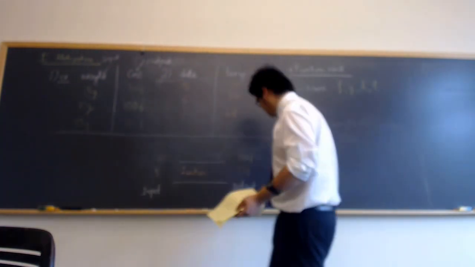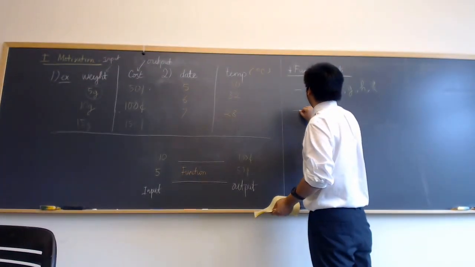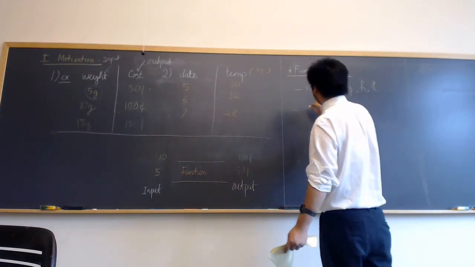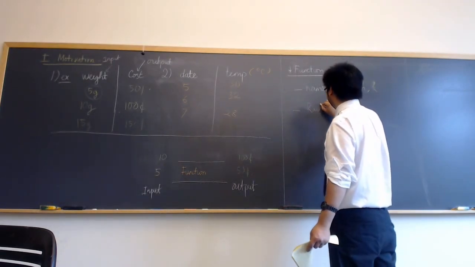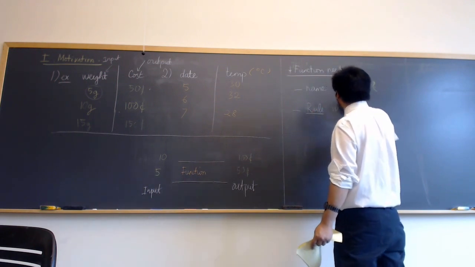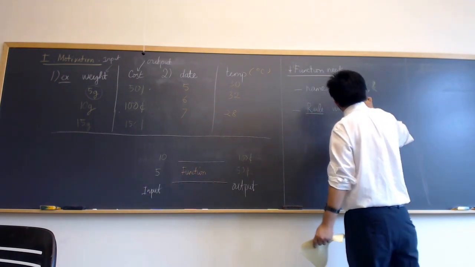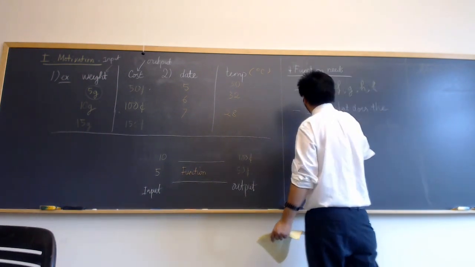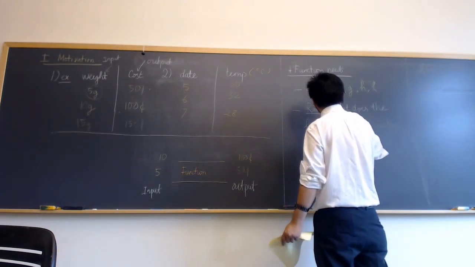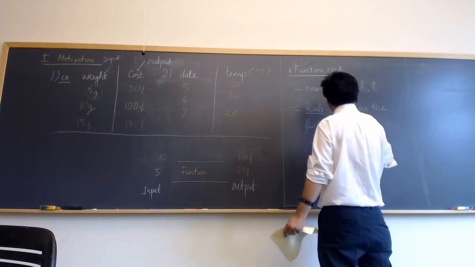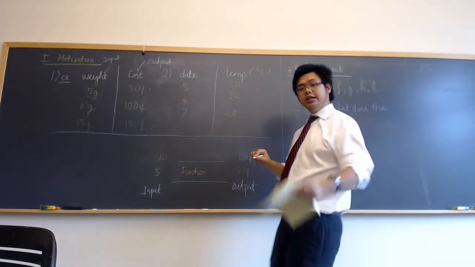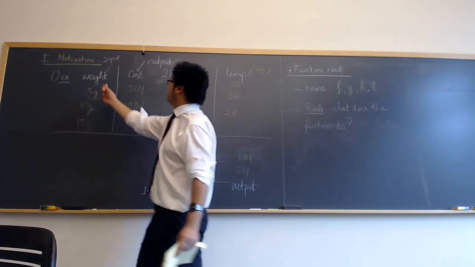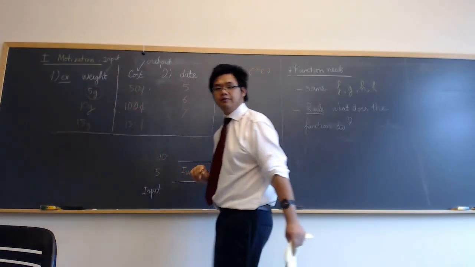And then what next? I need to tell you what it does. The other word for telling what something does is the rule. What does the function do? I need to tell you that. Also, you notice there is a name for input and there is a name for output.